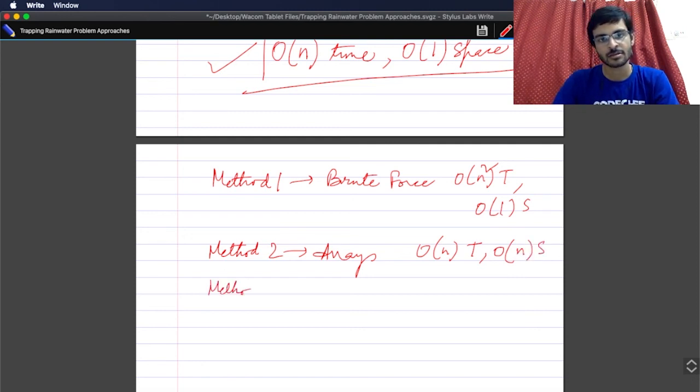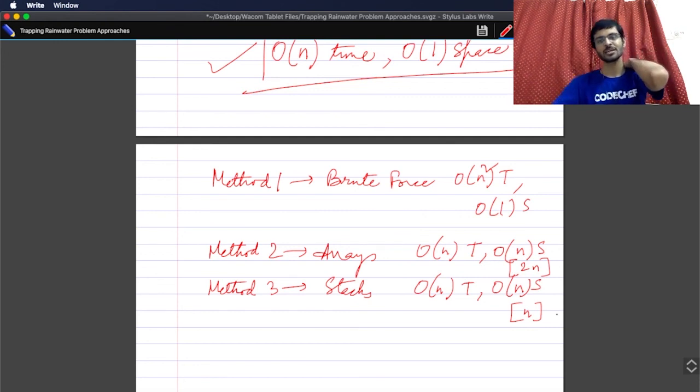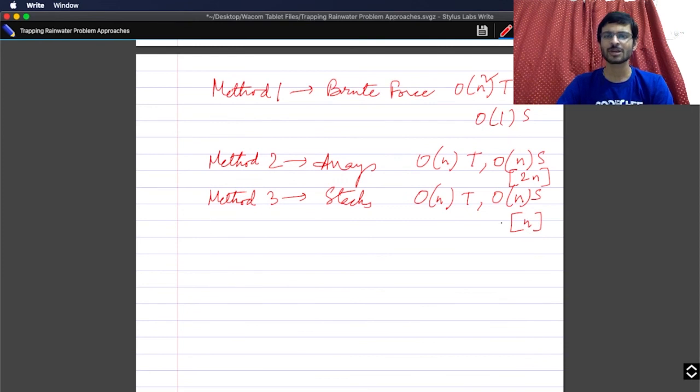Method 3, using stacks, we did order n time, order n space, but the difference here, according to the naive implementation, we saw that 2n spaces are required, here n spaces are required. Unless we optimize one of the max left or max right, here 2n spaces was required, here n spaces are required, or you can say less than equal to n.